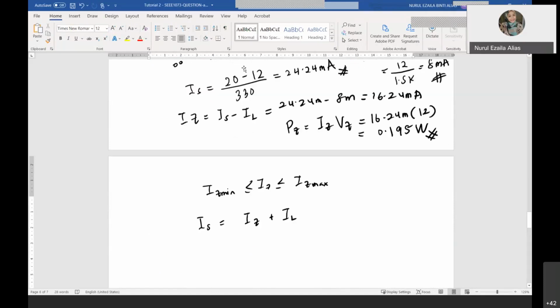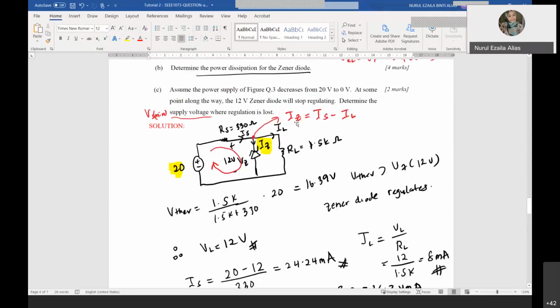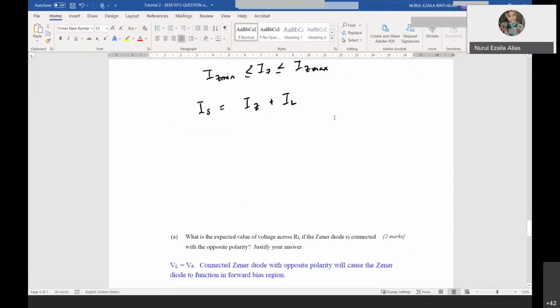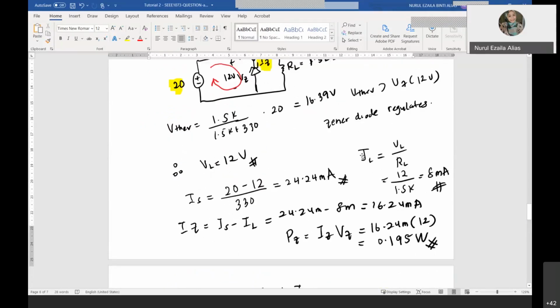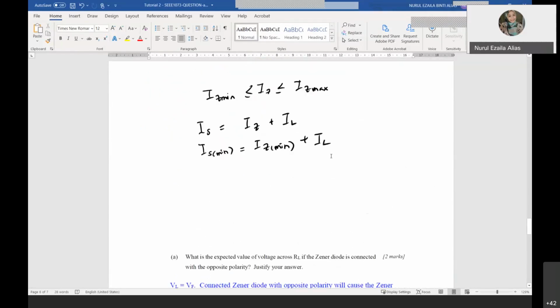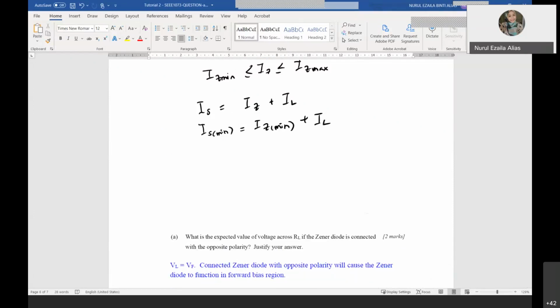This is KCL at this red node here. So when you want minimum, therefore this will be minimum, Isaac also minimum. In this case, your IL is fixed just now because it is 12 volt voltage. So what will be your IS minimum?